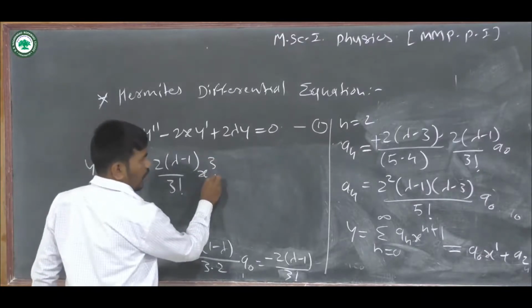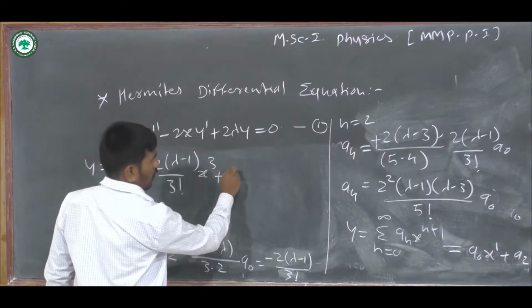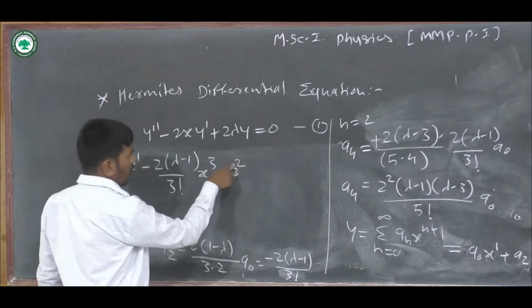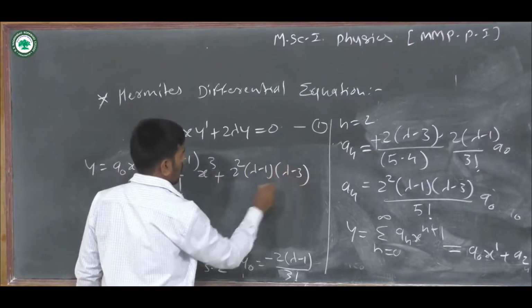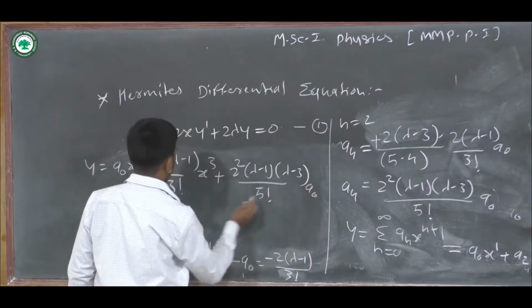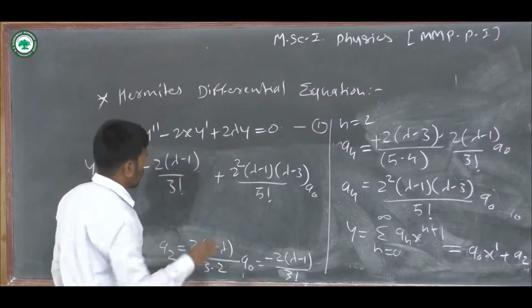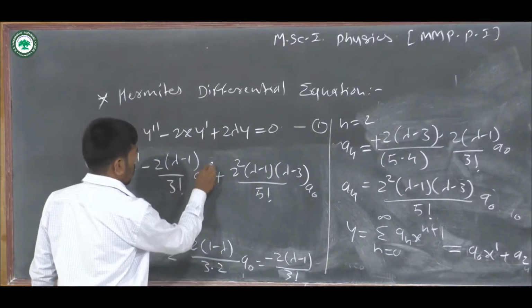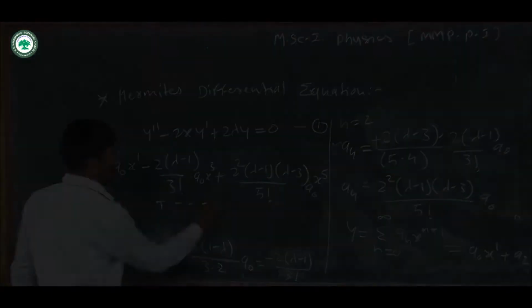and plus 2^2 into (lambda minus 1) into (lambda minus 3) divided by 5 factorial into a0 x^5, and so on.